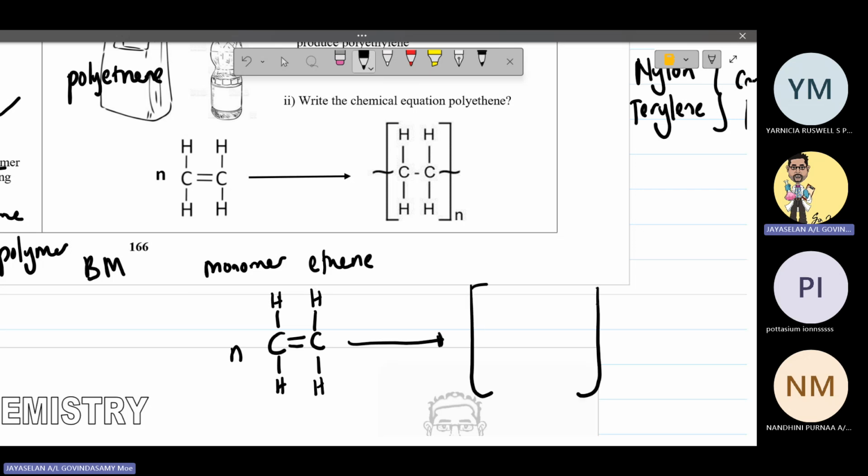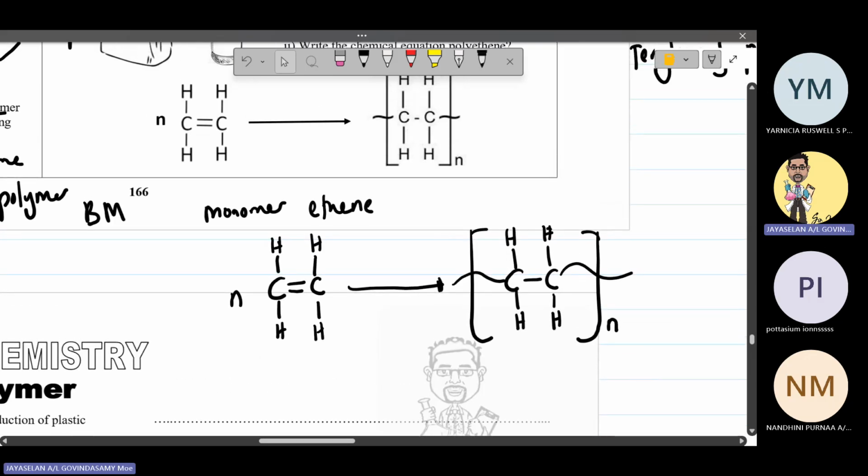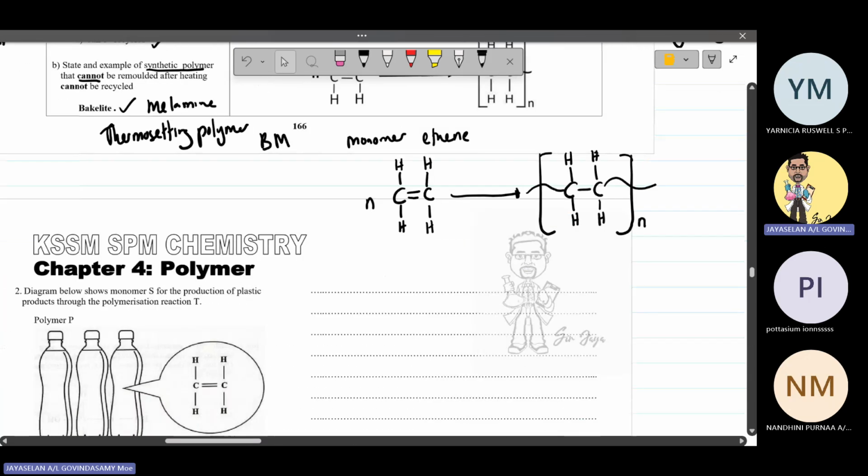Open bracket, close bracket, and you put the n at the bottom. Then the same structure, you just break the double bond and make it single bond like this. After that, draw one wavy line like this. You already score 2 marks. Any question? This one must be memorized, okay? I go for the next question.